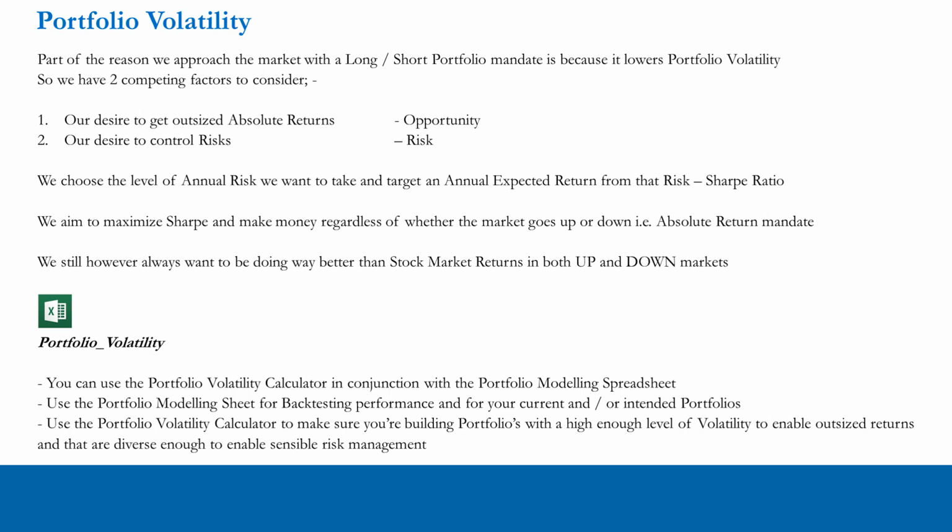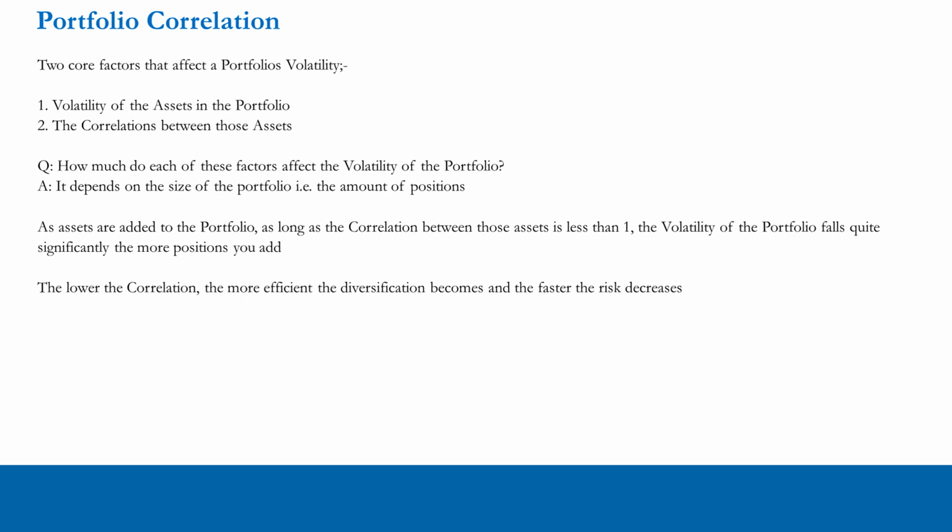Now, of course, there's an overlap between video 18, portfolio volatility, and video 19, portfolio correlation. There's two core factors that affect a portfolio's volatility. Firstly, the volatility of the assets in the portfolio, and secondly, the correlations between those assets.